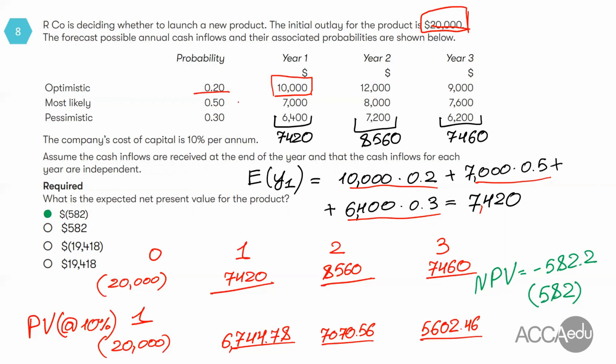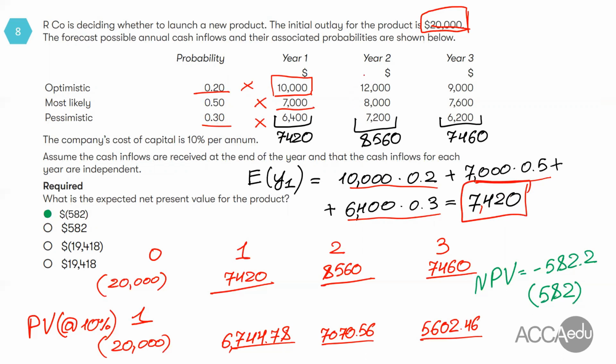And there's a 50% chance of getting 7,000 and another 30% of getting 6,400. So we come up with a single expected value by multiplying the cash inflows by their respective probabilities: 10,000 by 0.2, 7,000 by 0.5, and 6,400 multiplied by 0.3. Overall, in year 1, we're expecting 7,420.